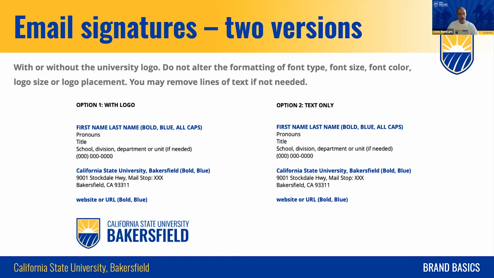But we've seen people adding social media logos underneath, or department logos underneath, or even changing the primary university logo with unit or department logos. And we just ask that you don't do that. Let's keep this standard across the university. It makes us all look cohesive and gives us a formal look and feel. So we can address questions about this as well at the end.